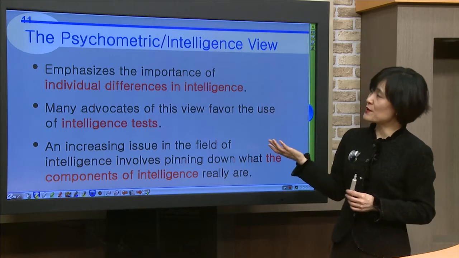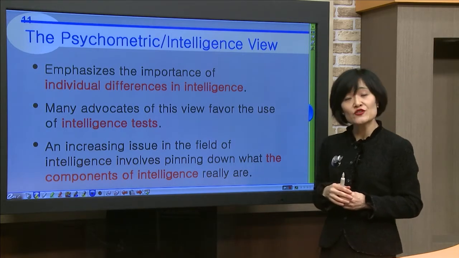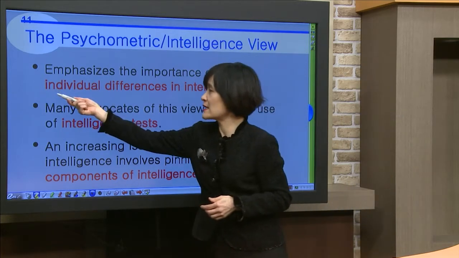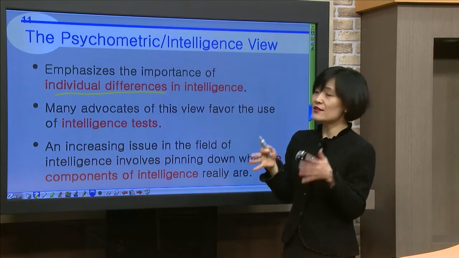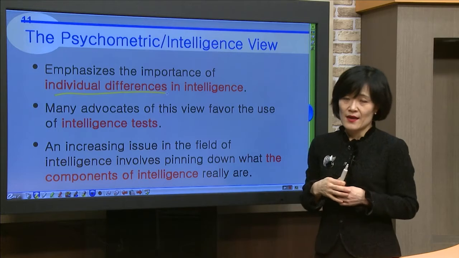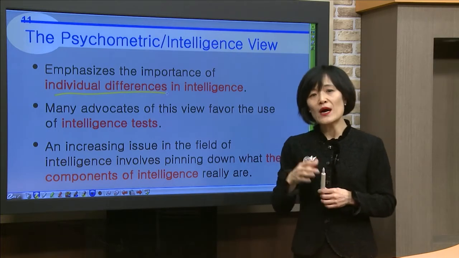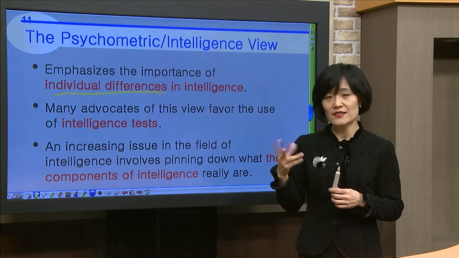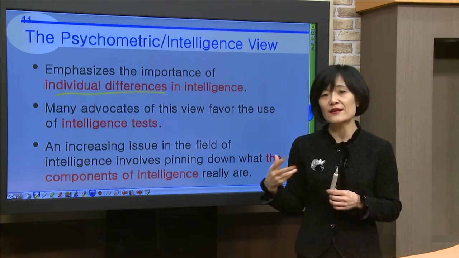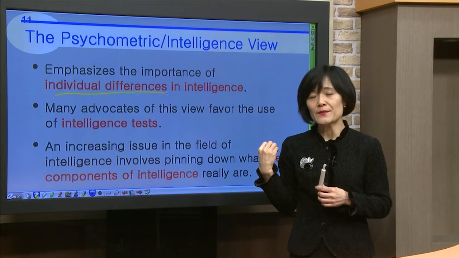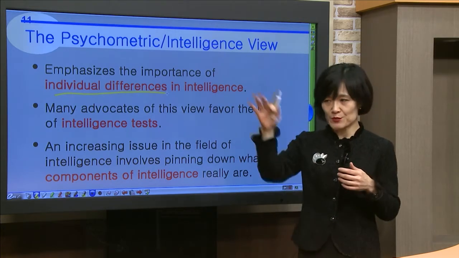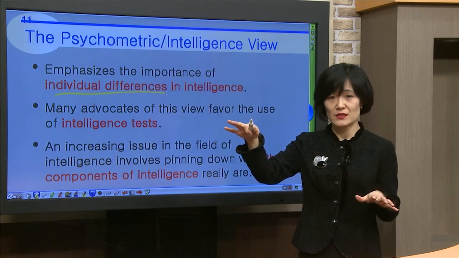And changing the topic, this is the psychometric intelligence point of view. What happened is that people became interested in individual differences. I want to ask a question: in what situations are people interested in individual differences in our daily life? Can you think of any? In what situation do people want to know this person is better than the other person?